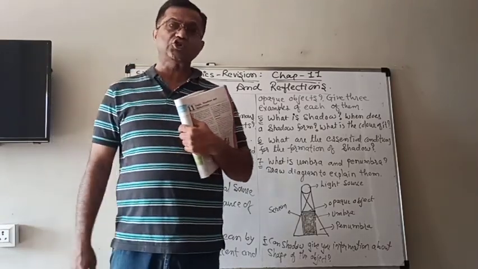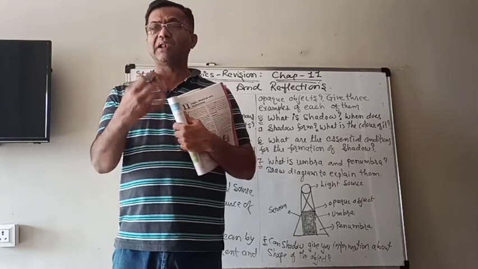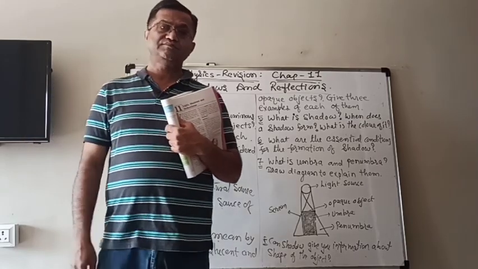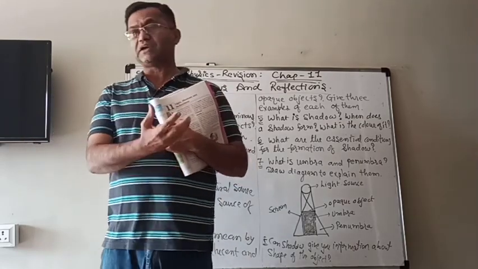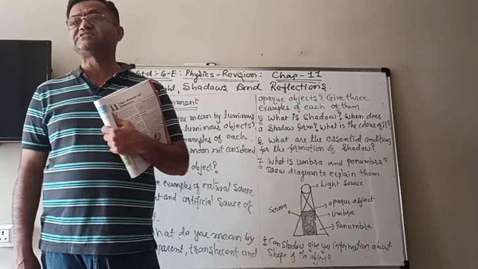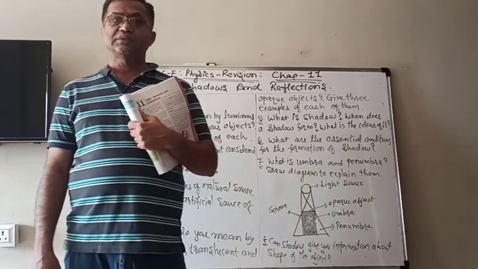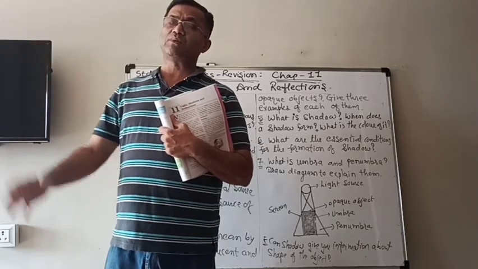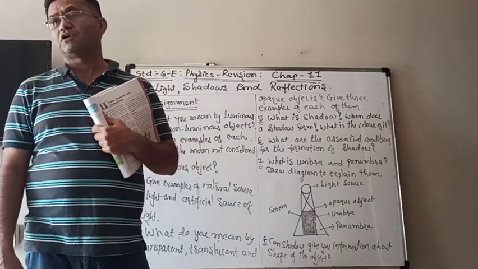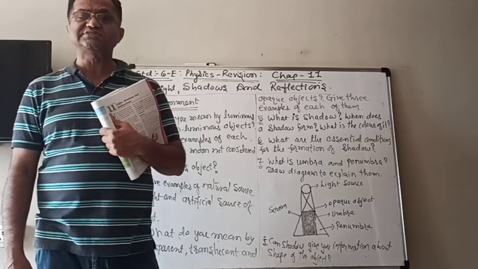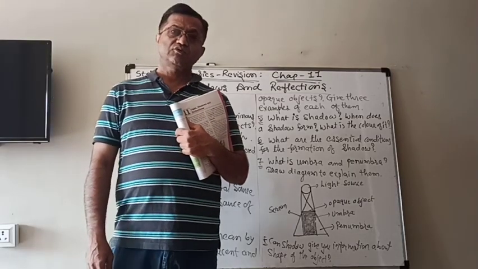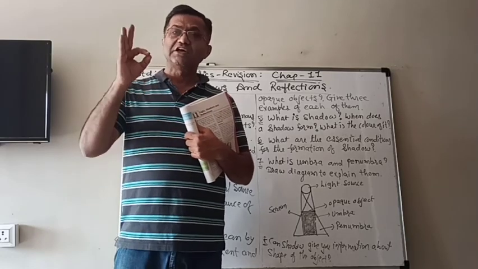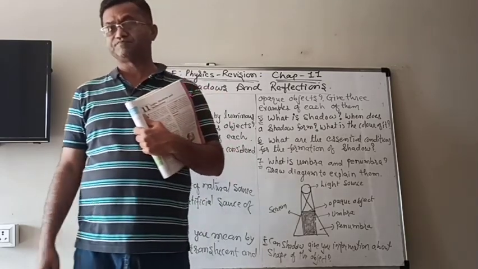Similarly, you switch on the torch, the bulb gives you light. You light a candle, the flame of the candle emits the light. The sun itself emits so much light. So all these objects which emit their own light are known as luminous objects.